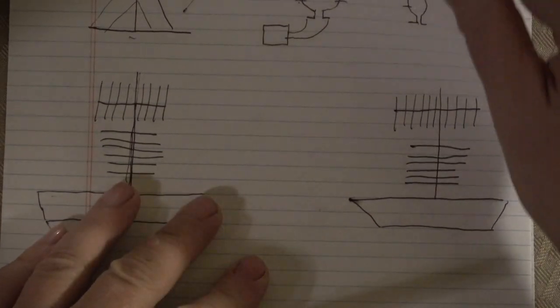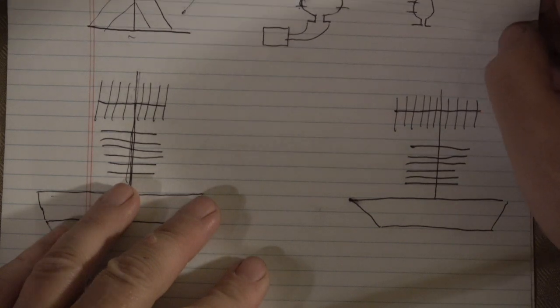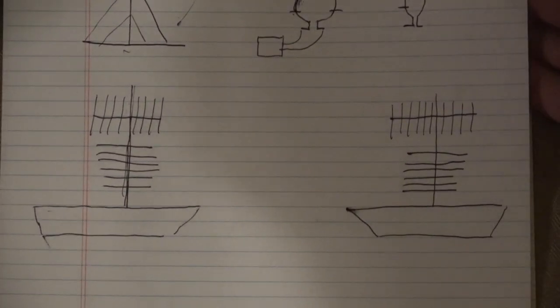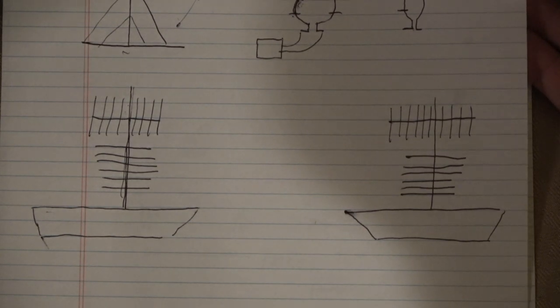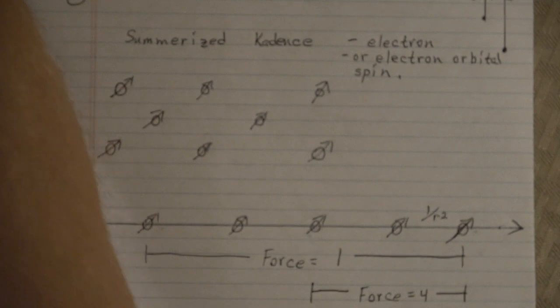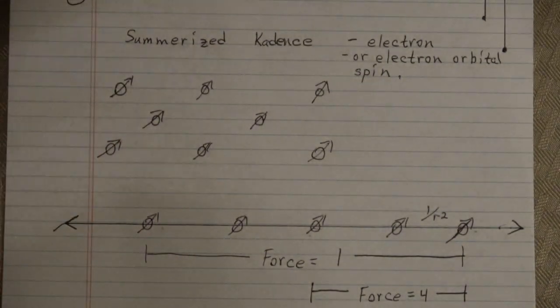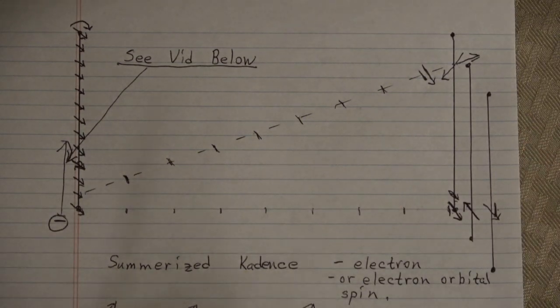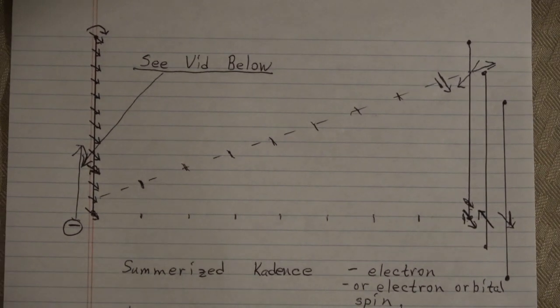So again, in 1822, Fresnel associated polarization with the spin of a photon, whether it be left-hand or right-hand spin of a photon. And this is what I am going against right now.